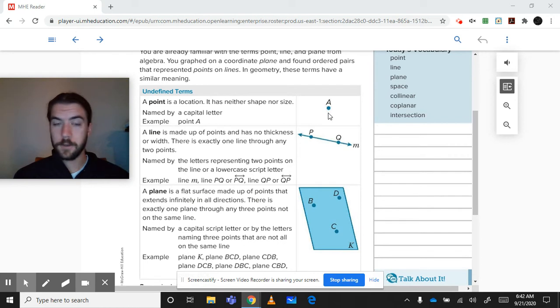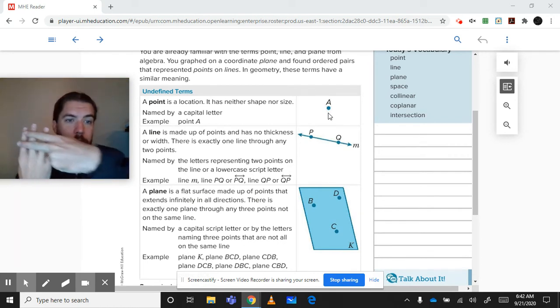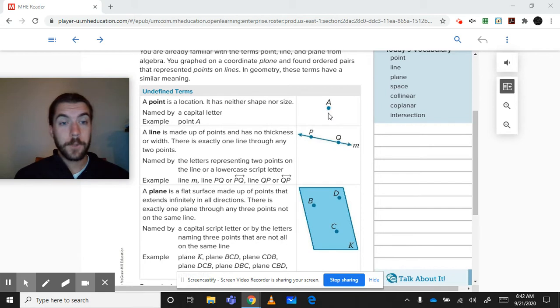In the same sense that on a graph, you've got lines in the y direction and lines in the x direction, and you can place those points at a spot at an intersection of those two lines. What we're calling a point is really the intersection of those two lines. It's a location. It's not an object. Okay, so try to keep that distinction clear. A point is a location. It is not an object. It is not a shape.